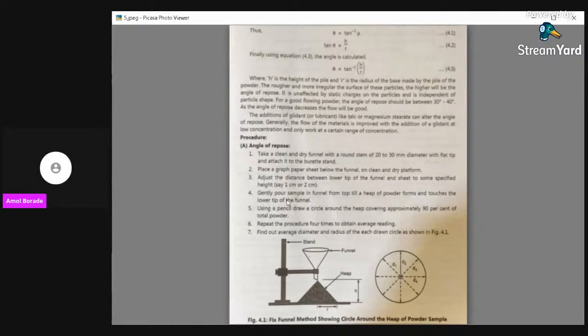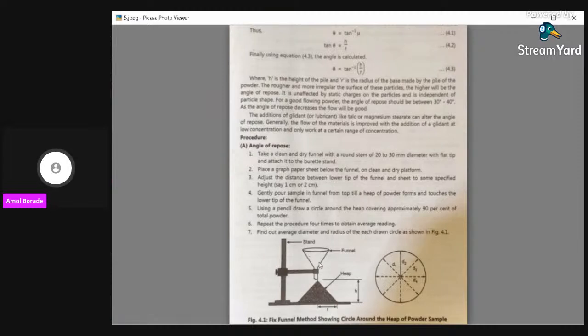What we have to do is go on adding our powder into the funnel so that it goes down slowly, and we have to add a certain quantity of powder so that the heap of the powder touches the tip of the funnel. That much quantity of powder we have to add. So with this, what will we get?